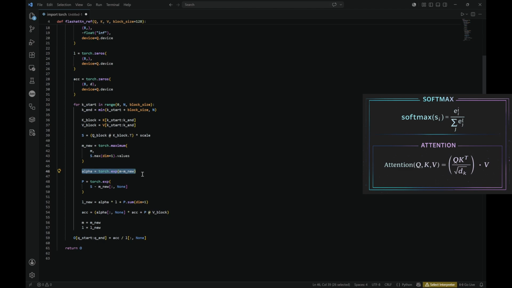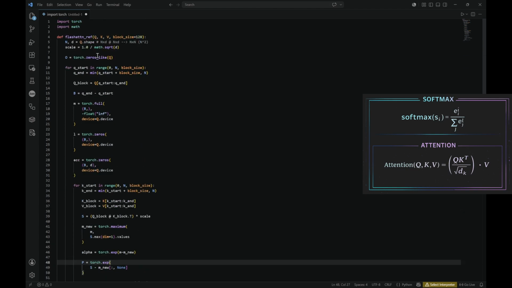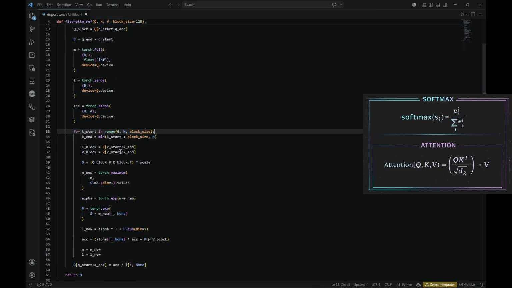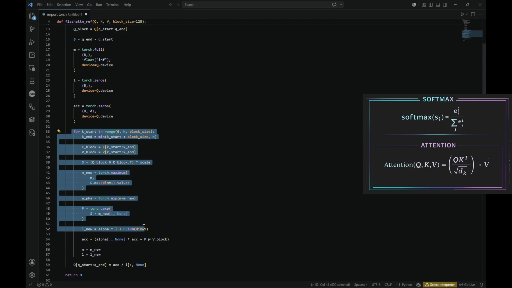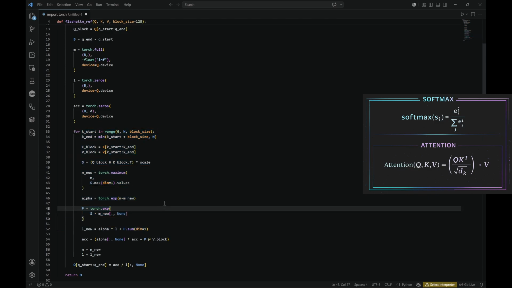This is important because it keeps track of the actual exponential of our local chunk, or what we're comparing. One thing I would like to point out, if it wasn't self-explanatory from the structure alone, is the fact that you stream the K and V blocks along with every Q chunk, you could call it.